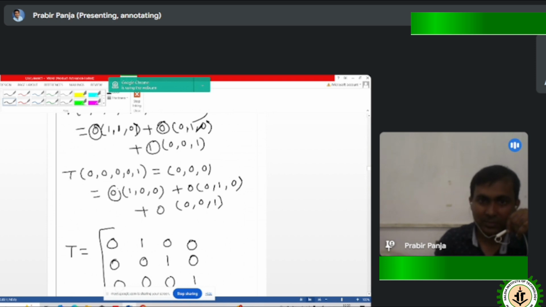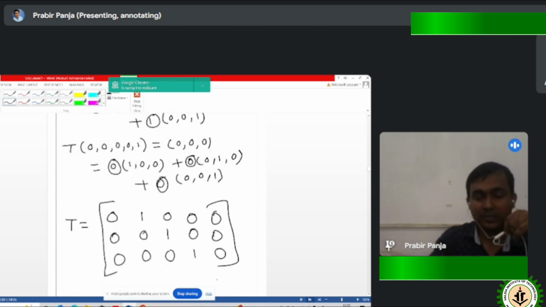And the fifth equation gives 0 0 0. So this is the matrix representation for the linear transformation T from 5 dimensions to 3 dimensions.